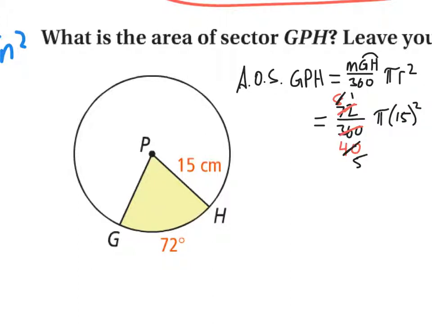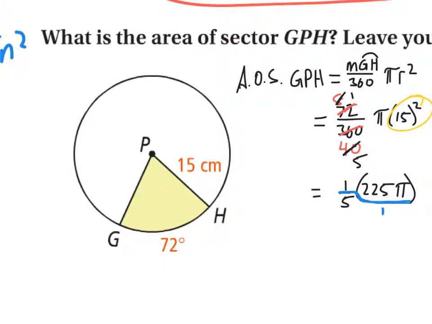8 goes into 40 how many times? Okay, so rewriting, I have 1/5 times, by the way, while we're at it, what's 15 squared? Times 225 pi. Okay, well, just like we've been doing before, and we could have done this from the beginning if you wanted to, but I want to multiply this like they're two fractions, because really they are.